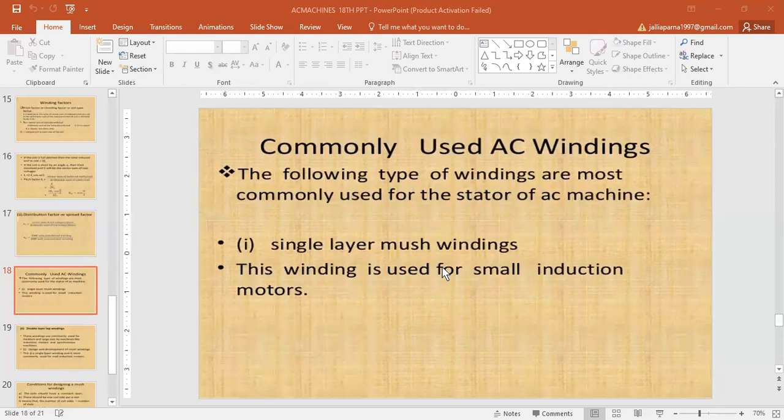Commonly used AC windings. The following types of windings are most commonly used for the stator of AC machines. That is single layer mesh winding, and this winding is used for small induction motors.